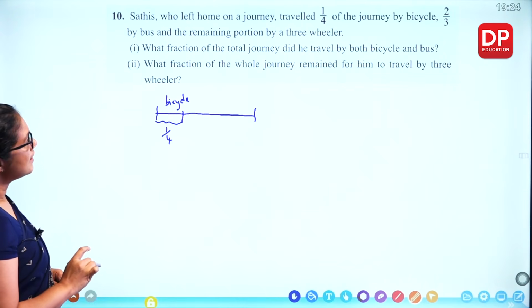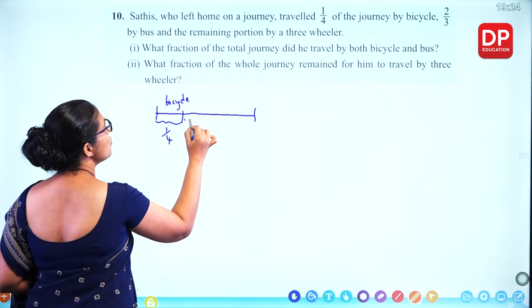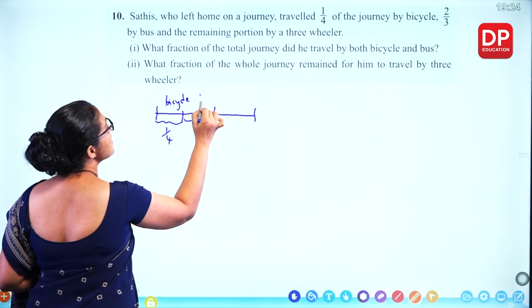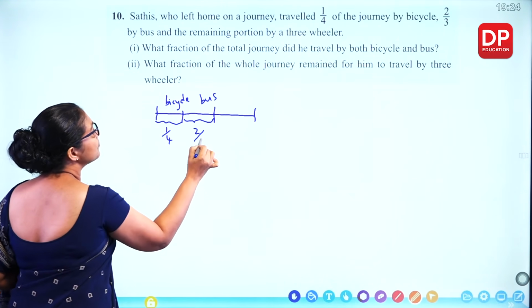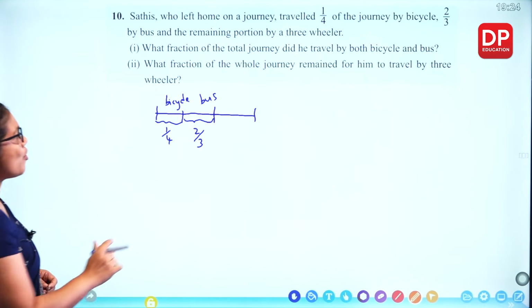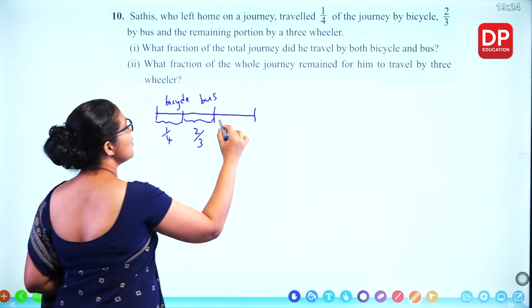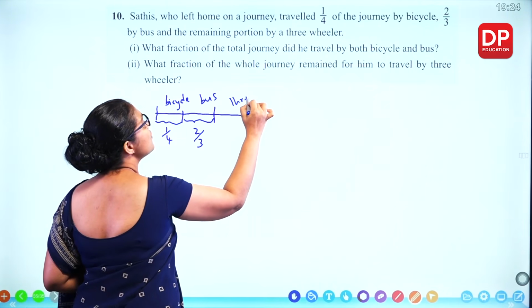Then it says 2/3 by bus. Another 2/3 by bus. What's the next one? And the remaining portion. So this is the remaining portion by a 3-wheeler.